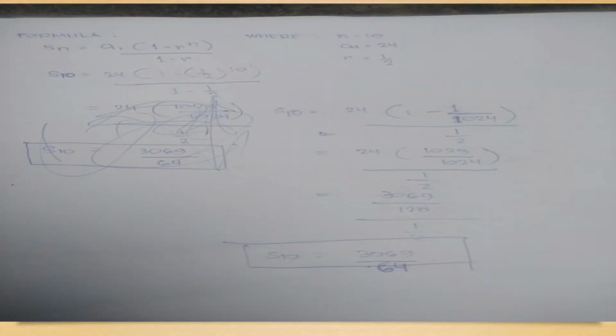S of 10 equals 24 times the quantity of 1 minus 1 over 1024, all over 1 half, equals 24 times the quantity of 1023 over 1024, all over 1 half, equals 3069 over 128 all over 1 half. S of 10 equals 3069 over 64, and this is the final answer.